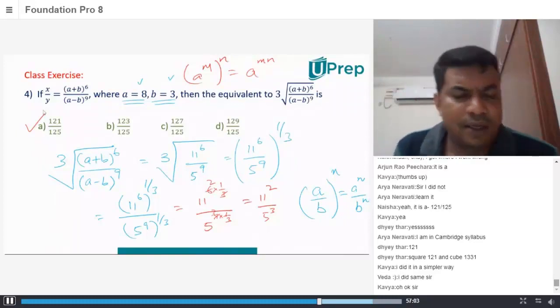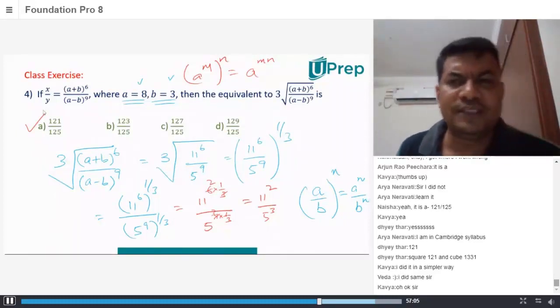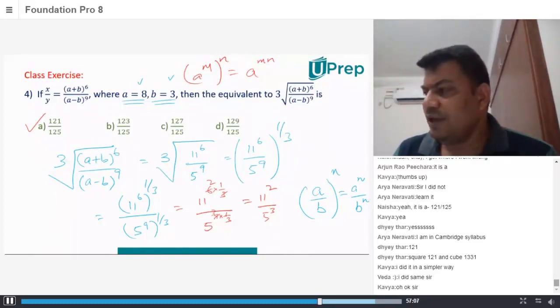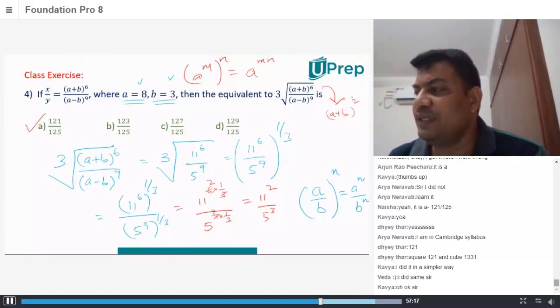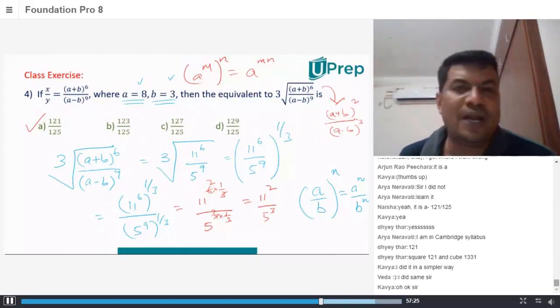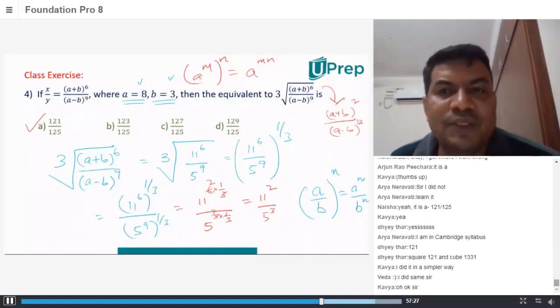People who know this already, in a single step, you can simply write it as (a plus b) whole square, because the cube root of 6 will be square, upon a minus b, and the cube root of 9 will be 3. So your answer is (a plus b) whole square by (a minus b) whole cube.